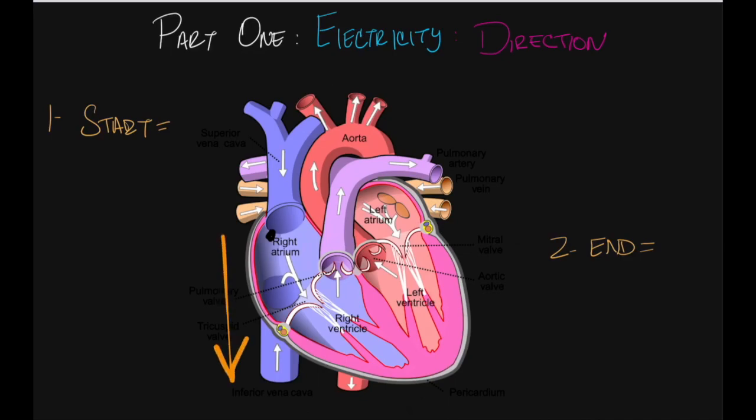And since the left ventricle has more muscle than the right ventricle, it moves more ions, which means it has more electrical activity, a more dominant electrical presence, then we know that the electricity also moves a little bit towards the left. If we were to draw the average movement of electricity, it would look something like this: a little down and a little to the left, originating in the right atria. And in fact, we're going to see that that's exactly what we see on the 12 lead.